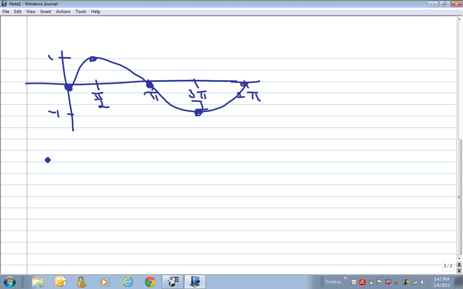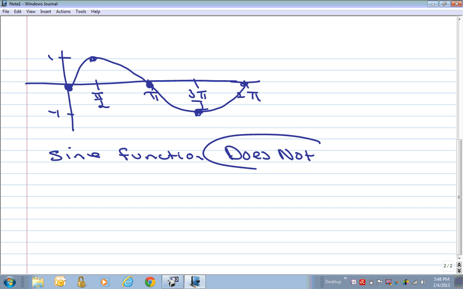Our sine function does not pass the horizontal line test.